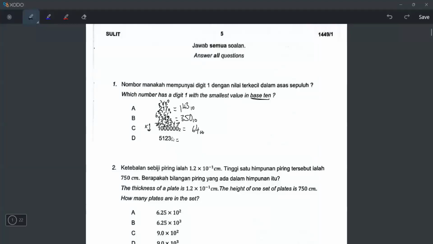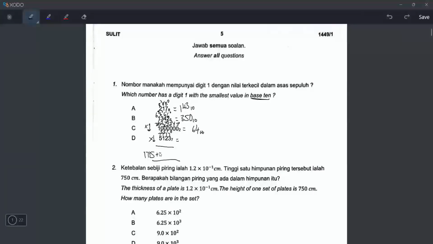Let's go to the last one, which is base 7. The place value will be 7 power 0, 7 power 1, 7 power 2, 7 power 3, and same thing, multiply them and then add them all together. 7 power 3 times 5 is 1715, but this is not the answer. You have to add 7 power 2 times 1.